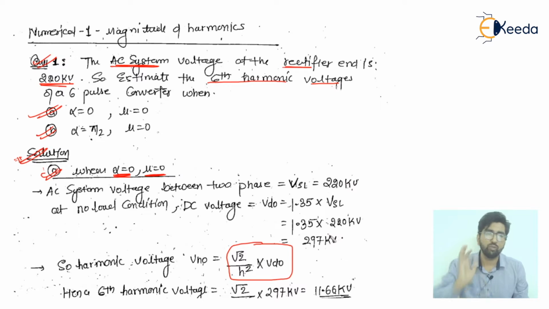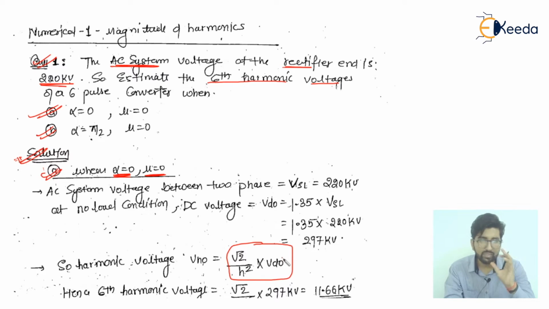Now you have to find the harmonic voltage, which is represented by VHO, and that relation we have already studied. I am directly putting the value in that formula, root 2 upon h square, multiplied with Vd naught.